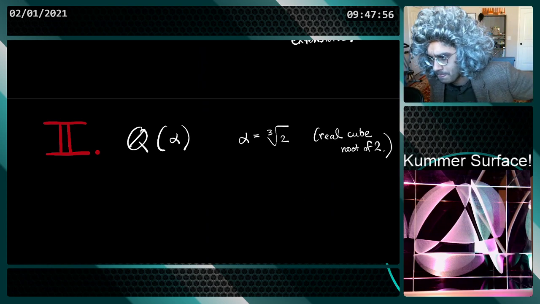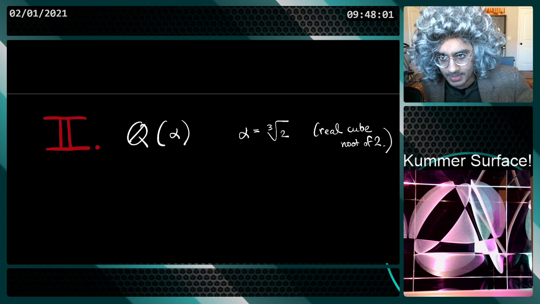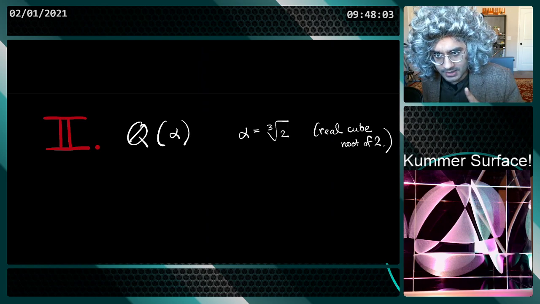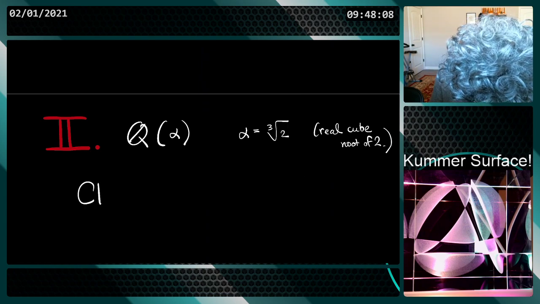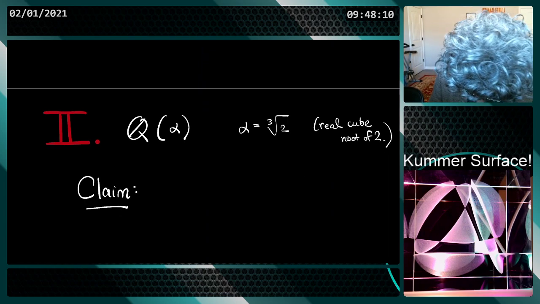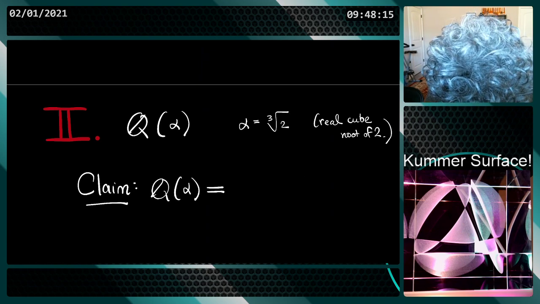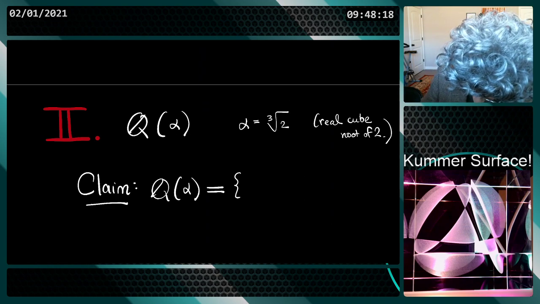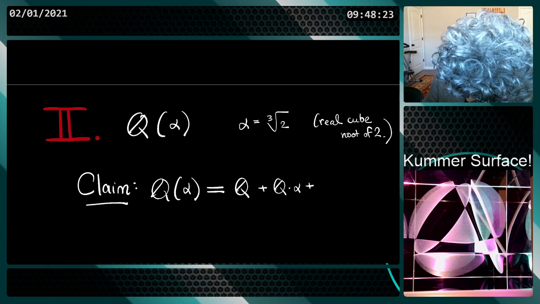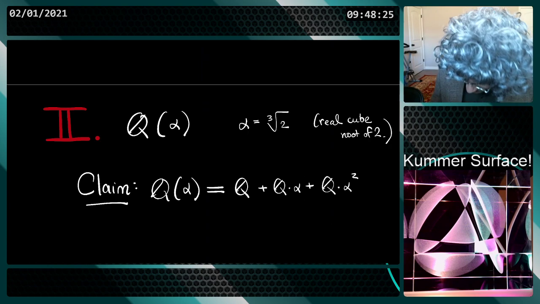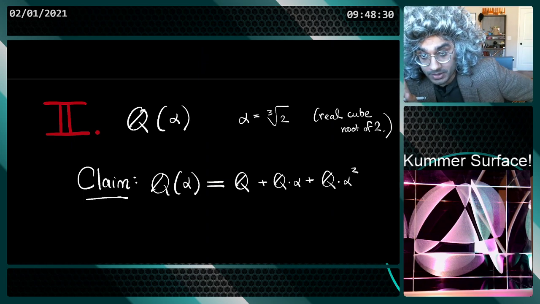Okay? Now, the claim was that Q adjoin alpha is literally this set. I'm going to write it like this. That's a claim.